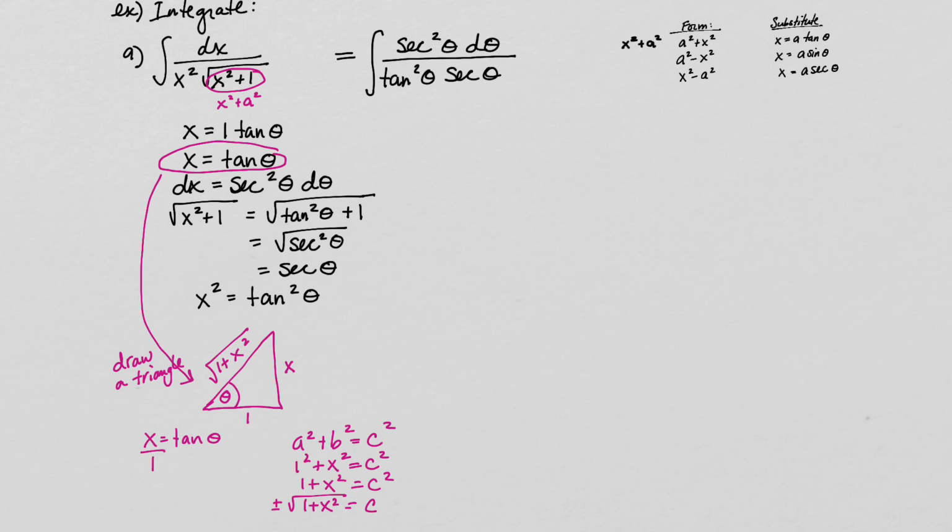Okay, so now it's kind of nice because my secants cancel out, right? So this secant cancels out with the squared. So I really have the integral of secant theta d theta over tangent squared theta.